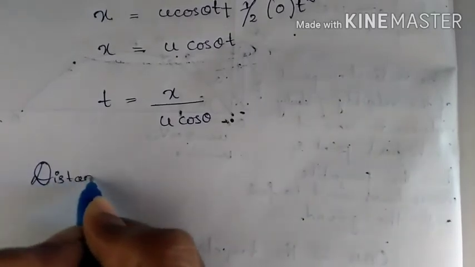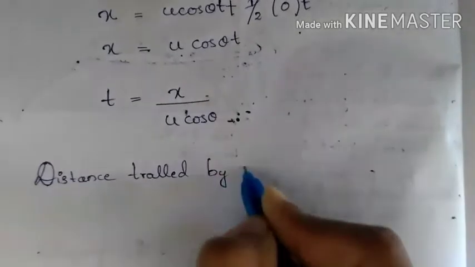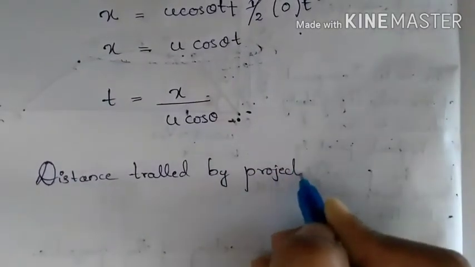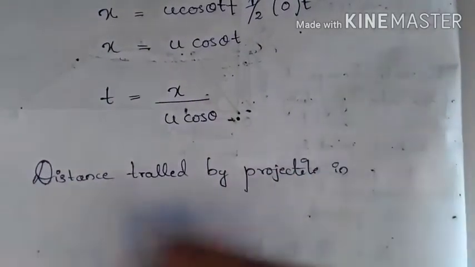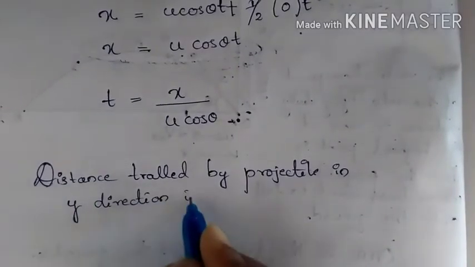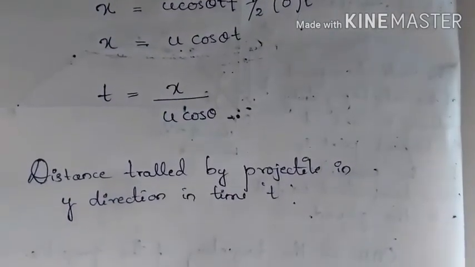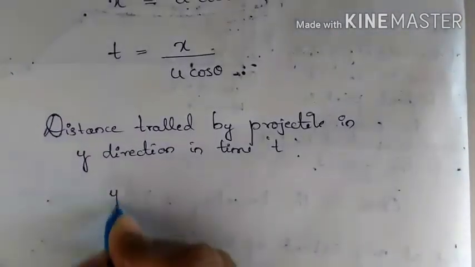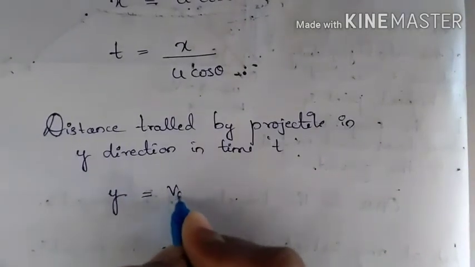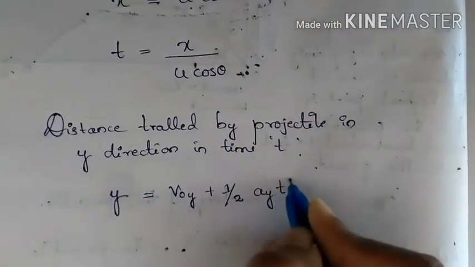So now let us find the distance travelled by projectile in y direction in time t. So again here you will take the same equation. y is equal to v naught y t plus half ay t square.